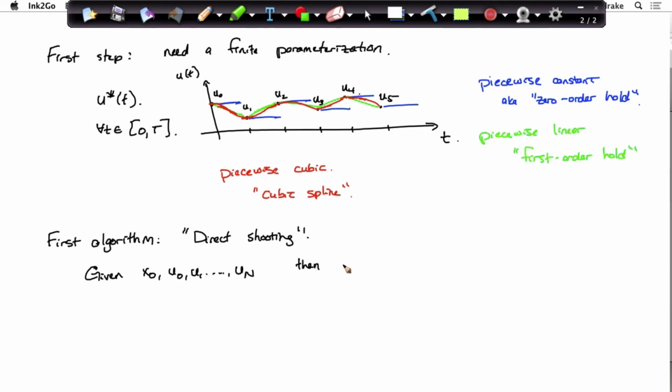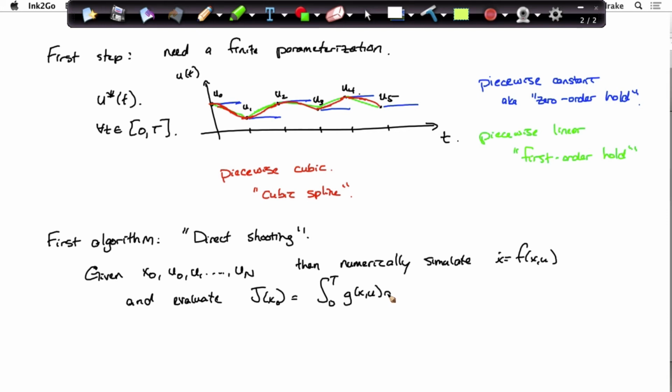That's everything I need to numerically simulate the dynamics. And I can evaluate the cost J of x0 over that finite interval, right? And that cost depends on all of these initial values. It depends on x0, but it also depends on u0 through un. Okay?